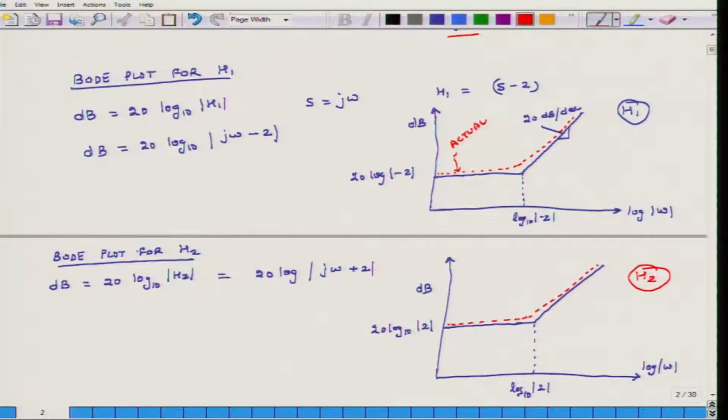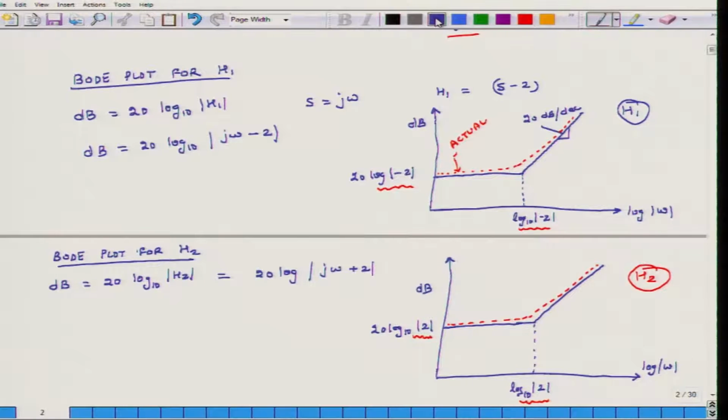Now, when you compare the magnitude plot for H1 and H2, shape wise they are identical because both of them correspond to a simple zero, but also in terms of values they are identical, because log of absolute value of 2 and log of absolute value of negative 2 is the same, and also the crossover point in H1 is log of absolute value of negative 2 and log of absolute value of 2.